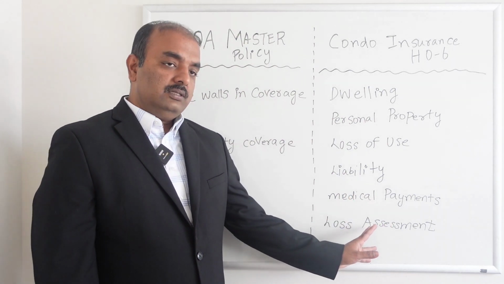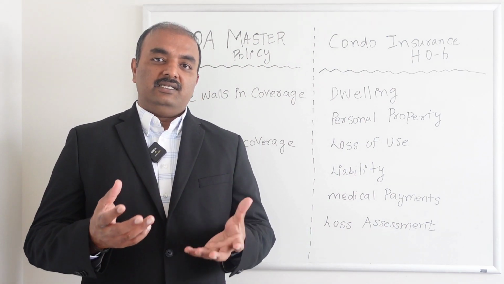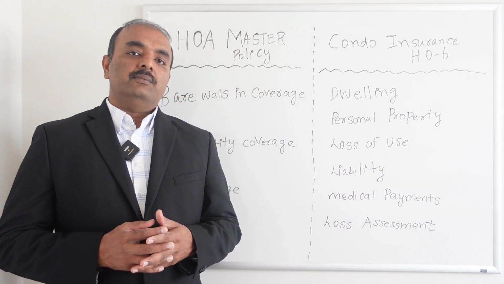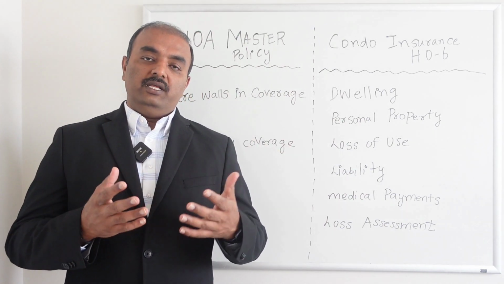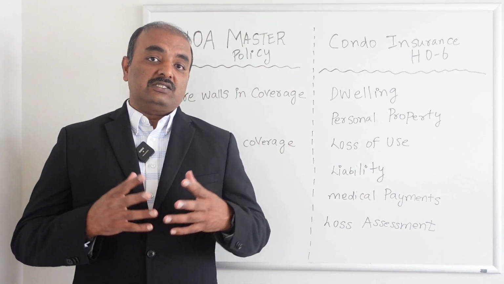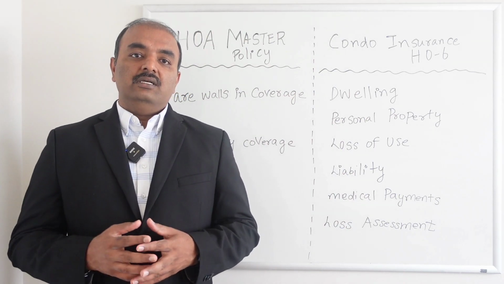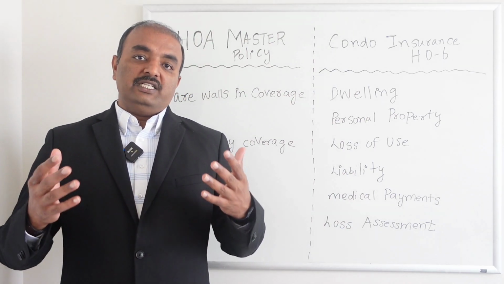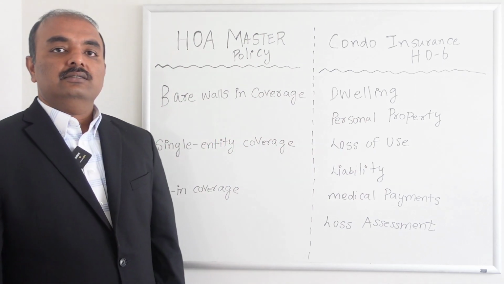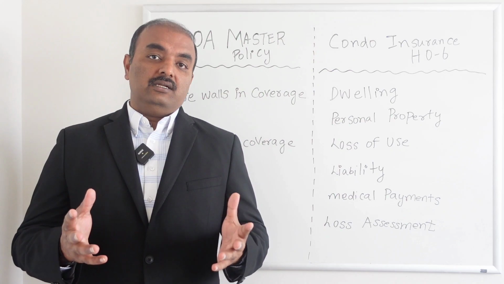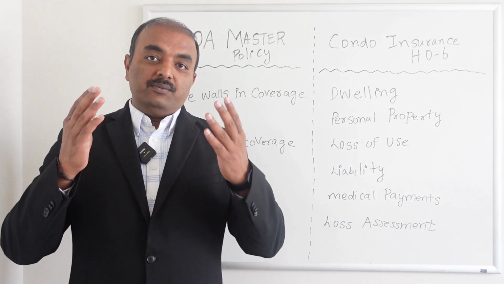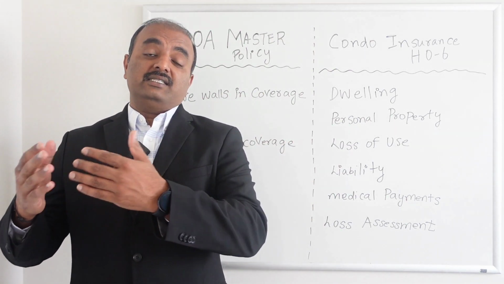The last one is loss assessment, which is a very interesting coverage. Sometimes the HOA will have a maximum limit like 1 million or 2 million. Sometimes due to a catastrophic loss like wind or something, there could be a huge loss for your HOA master policy, and they would have exhausted their maximum limit and they don't have any other option, so they have to come to the unit owners to share the extra losses.